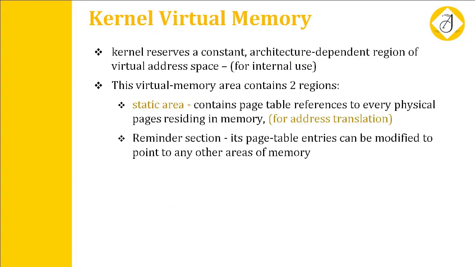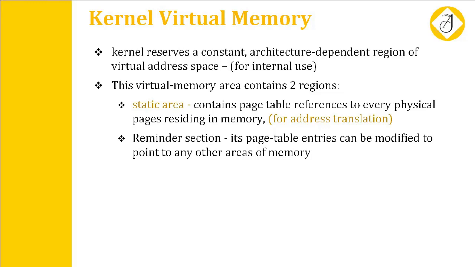Next is the kernel's virtual memory. The Linux kernel reserves a constant, architecture dependent region of the virtual address space of every process for its own internal use. This kernel virtual memory area contains two regions, the first being a static area. So what is the static area?